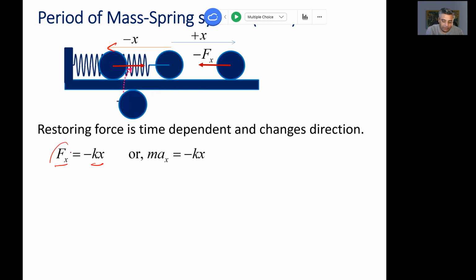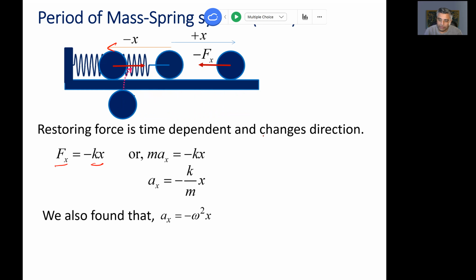If I were to write force in terms of mass and acceleration using Newton's second law, I can solve for acceleration. And why do I want to do that? Because we learned that for any simple harmonic motion, we can write acceleration like this. Remember that busy page we went through? That's where we wrote it.